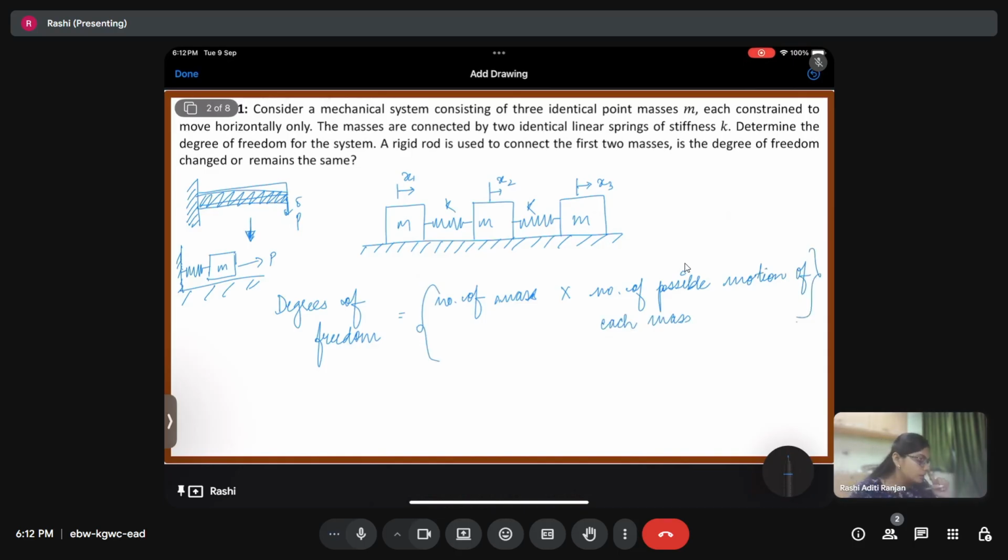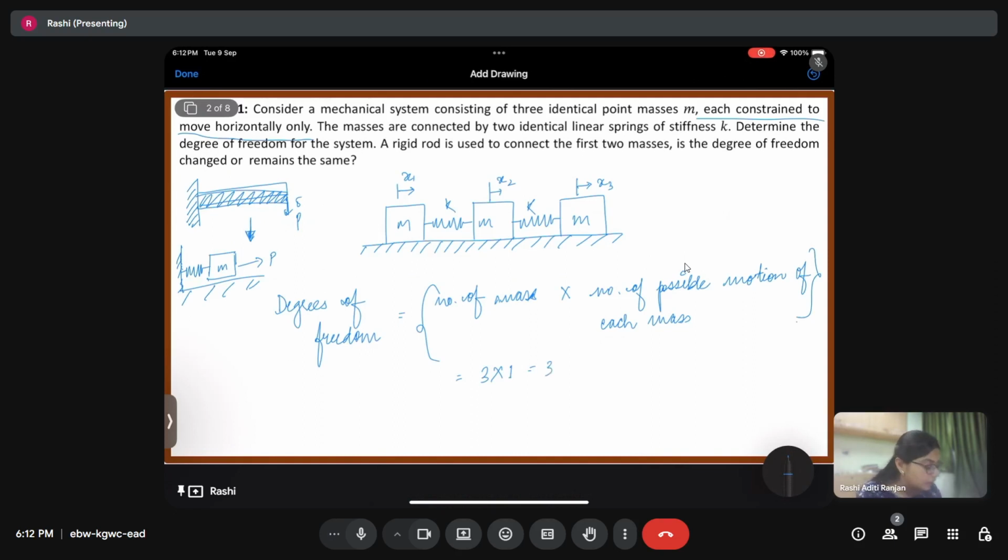Over here, it is written in the question that each mass is constrained to move horizontally only. So every mass has only one possible motion, and there are three masses. So the degrees of freedom are going to be 3 into 1, which is 3.